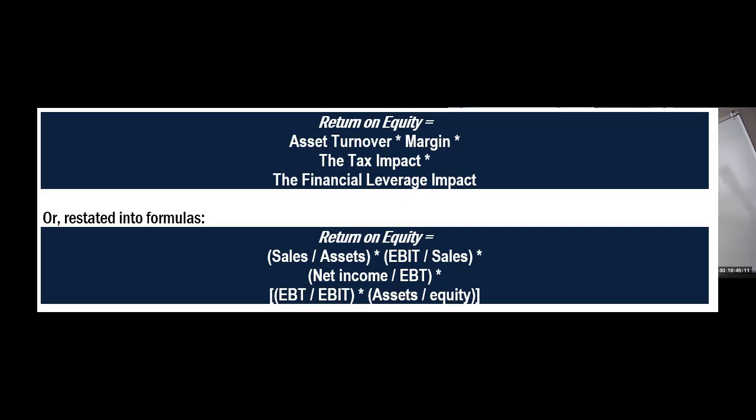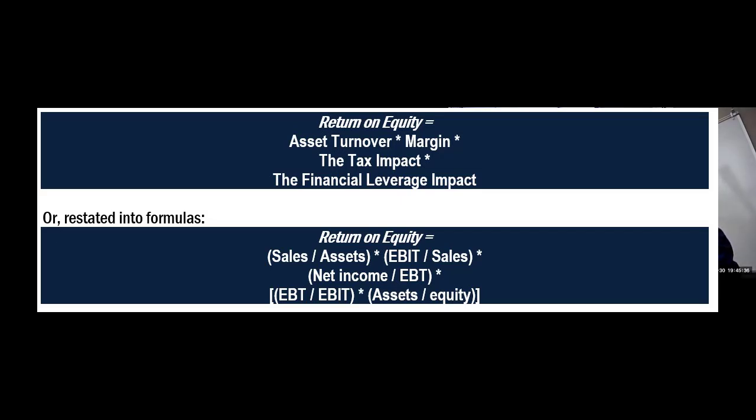EBT is in the numerator there and the denominator there. And you finally end up with net income over net worth. So essentially what we're doing is we're trying to assess ROE from a standpoint of management value added versus financial leveraging and tax law changes.